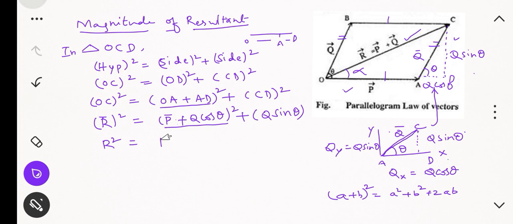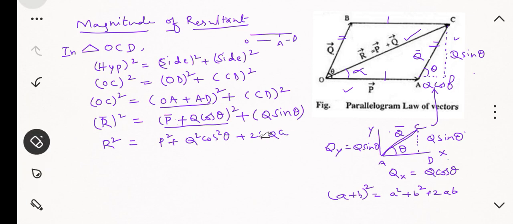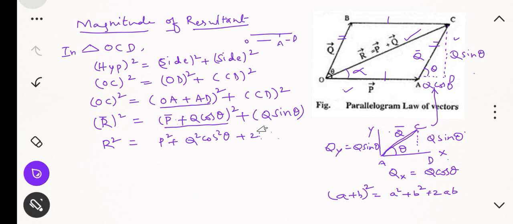Expand the term: p square plus q square cos square theta plus 2pq cos theta plus, and squaring this term, we get q square sin square theta.